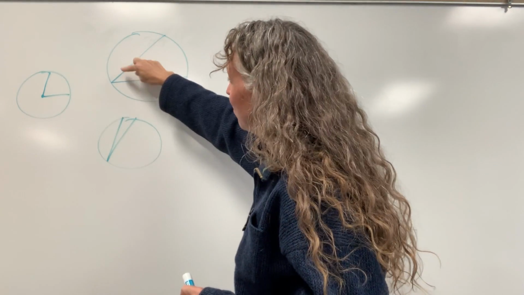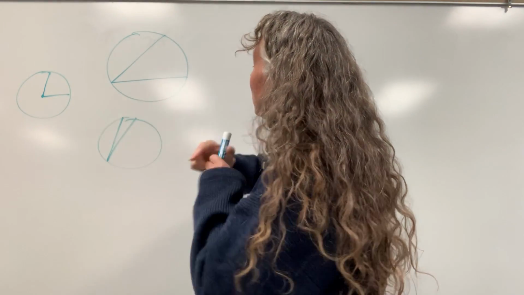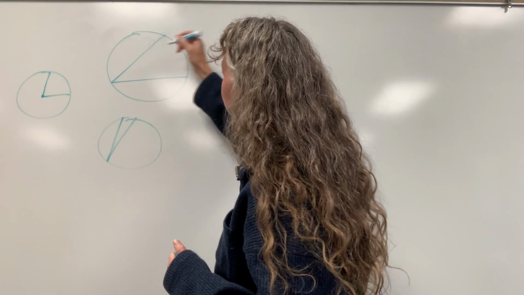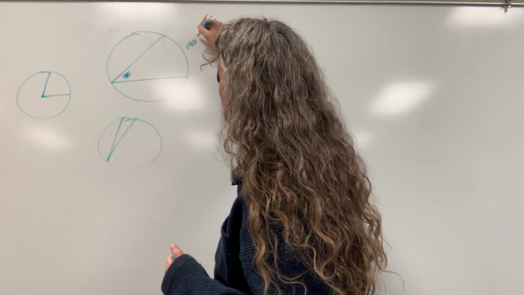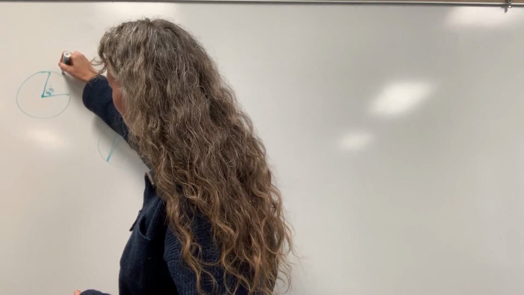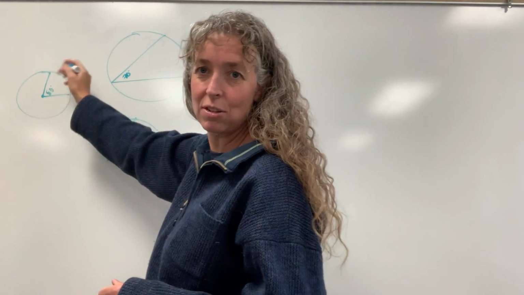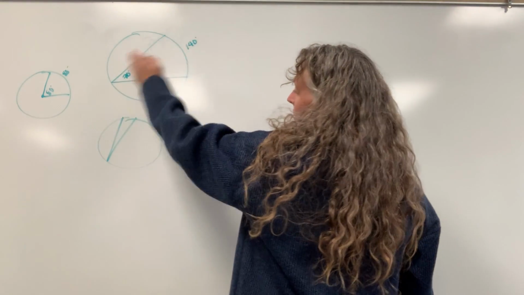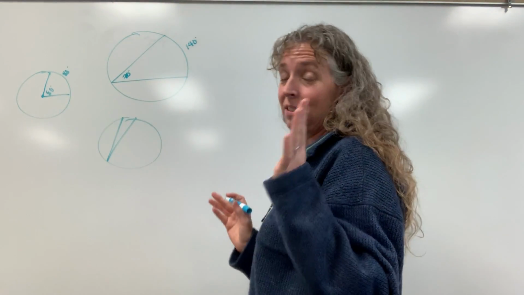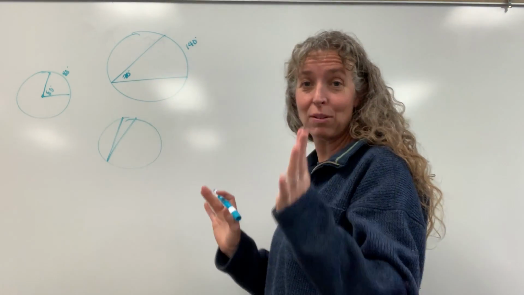They're half. This angle is half this arc. So if this arc is 140, this angle is 70 degrees. Just half. If this is 80 degrees, this arc is 80 degrees. Same, central angle. Inscribed angle, it's half. Hey, this is exciting and you're just going to have your minds blown.